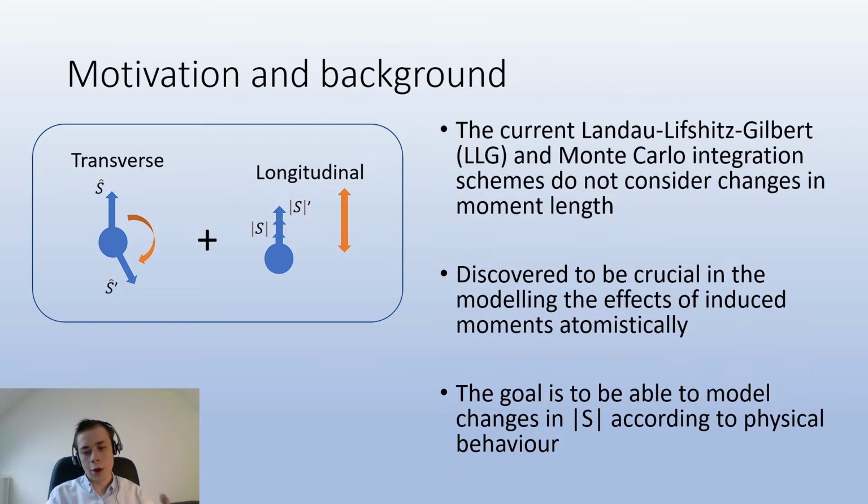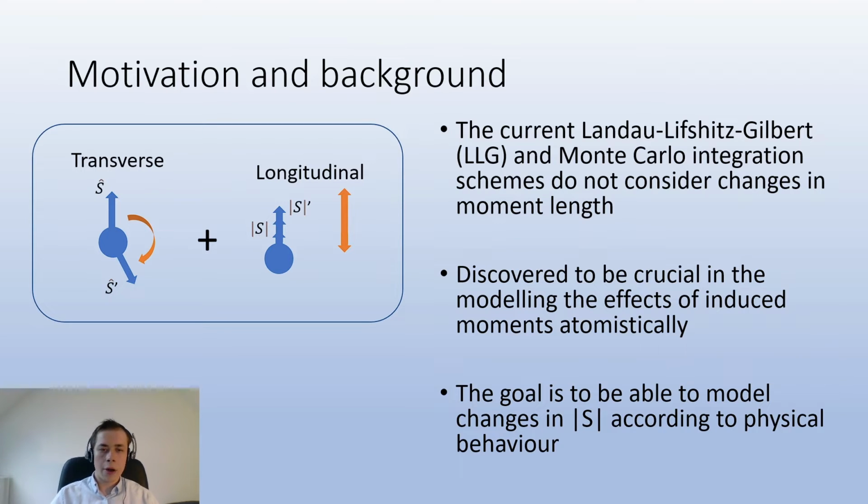So just to quickly go over some background and some motivation behind what is the modeling of longitudinal spin dynamics and why it matters. So the current integrator schemes that a lot of people are familiar with in atomistic modeling are the Landau-Lifshitz-Gilbert integrator and the Monte Carlo integrator.